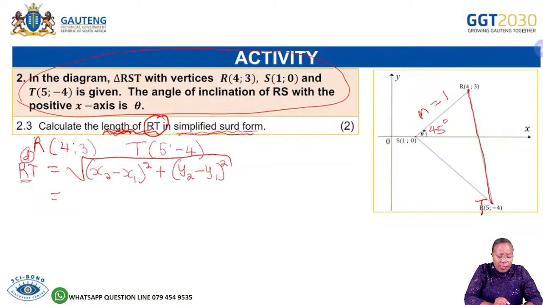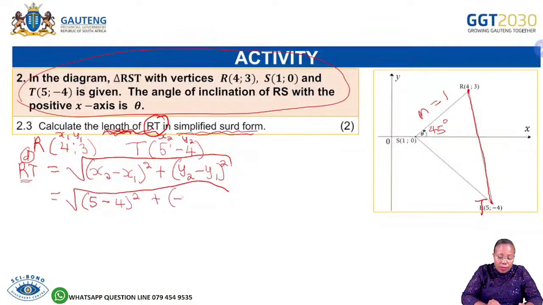And then now let's name our points. Point 1 is x1, y1, and then point 2 is x2, y2. And then let's substitute, grade 12, into the correct formula. Now we are having x2 being 5 minus x1 4, and this is all squared, plus the y2 is -4 minus the y1, which is 3, and then everything squared.